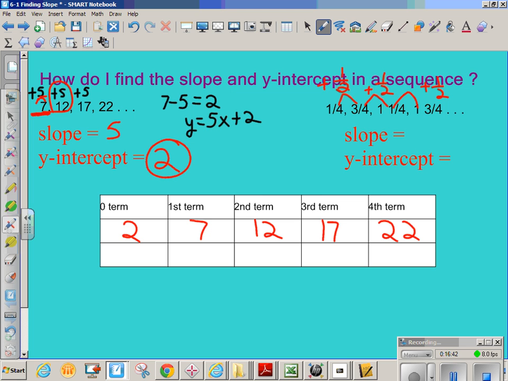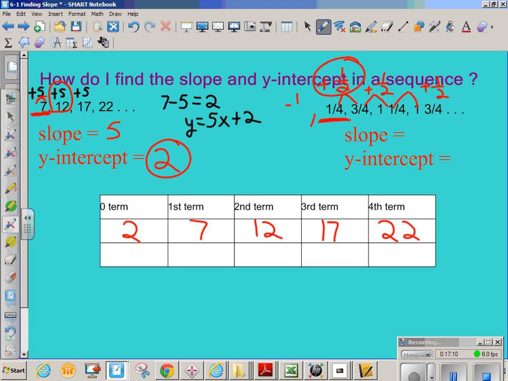Now, if my rate of change is a half and my first term is a half, then that makes it my 0 term. But as you can see, it isn't. We have a rate of change of 1/2, but we started with 1/4. So if you put that into your calculator, you can see that 1/4 minus 1/2 gives you a negative 1/4.